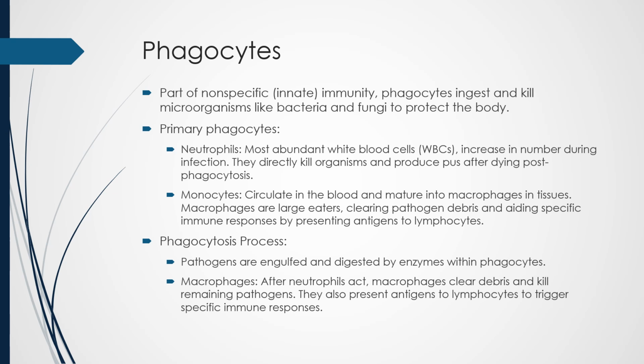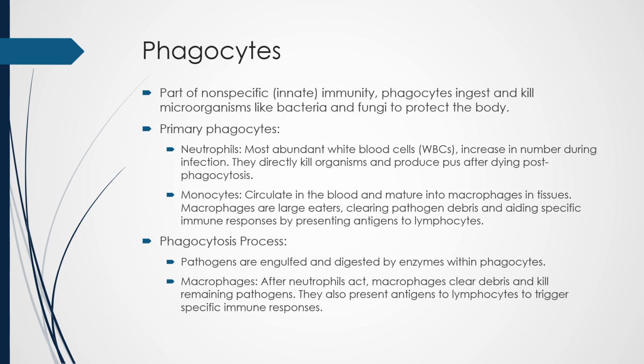Other leukocytes include eosinophils, which combat parasitic infections and allergic responses, release granules to kill large organisms, and basophils and mast cells. These are involved in allergic reactions and inflammation by releasing histamine, which dilates blood vessels and increases circulation to the infection site, bringing more phagocytes.